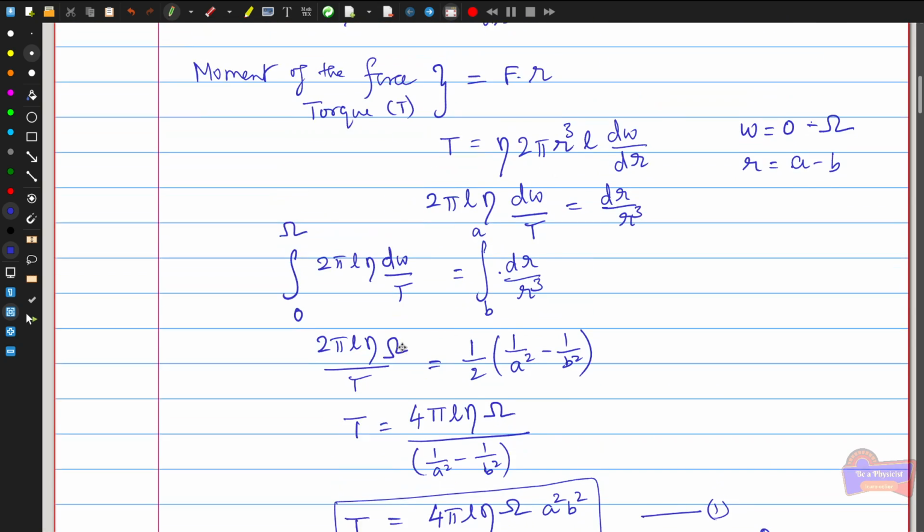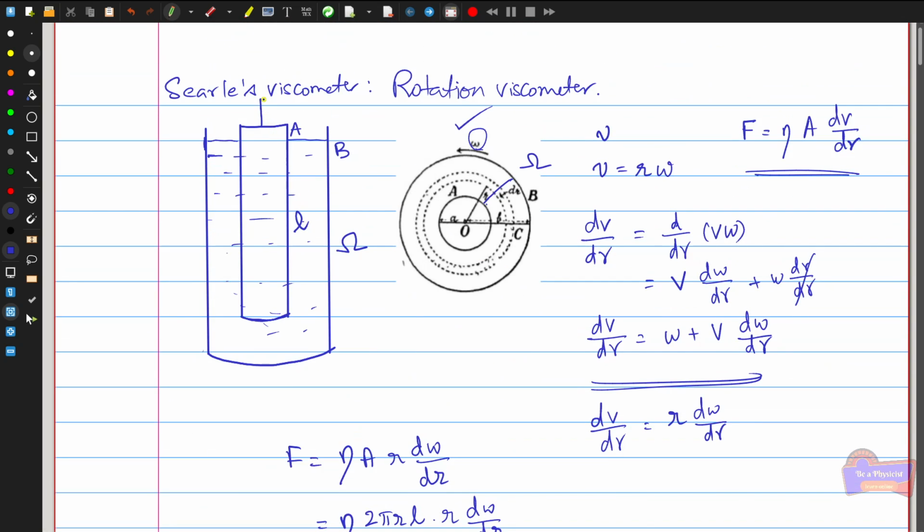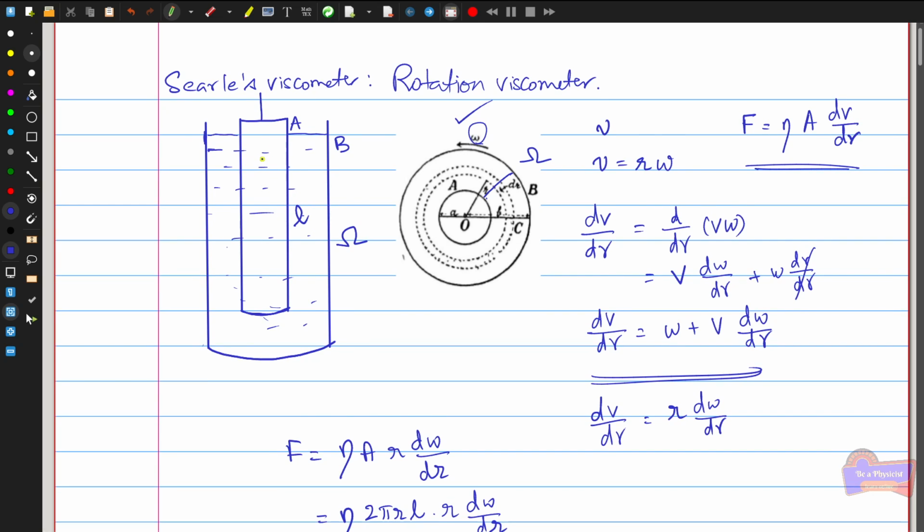And this restoring torque is actually given by the suspension wire, which is suspended by the small cylinder.